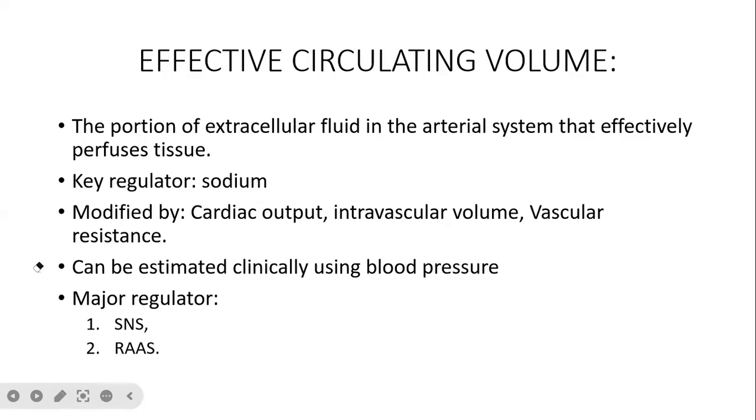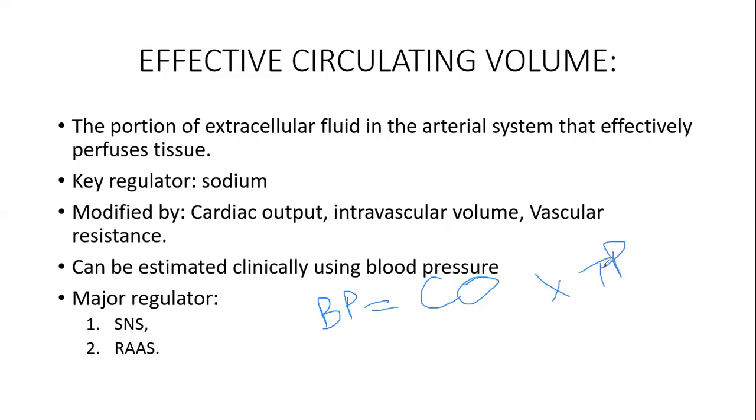Now, if you recall one thing, recall that your blood pressure is equal to cardiac output times total peripheral resistance, right? And cardiac output is stroke volume times heart rate.